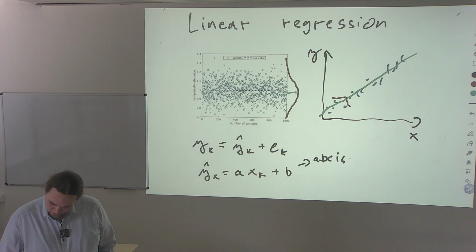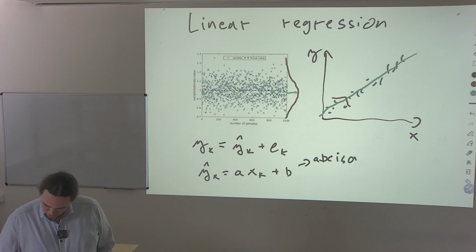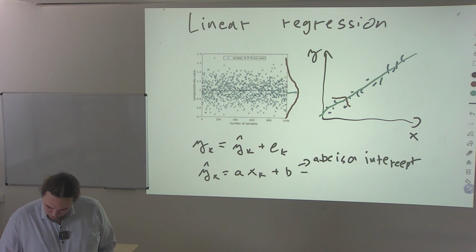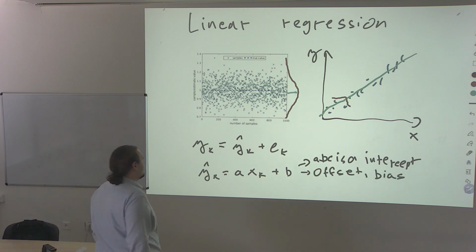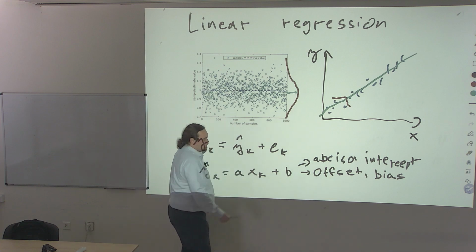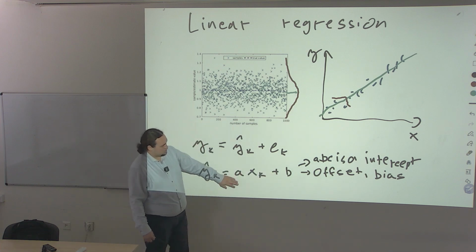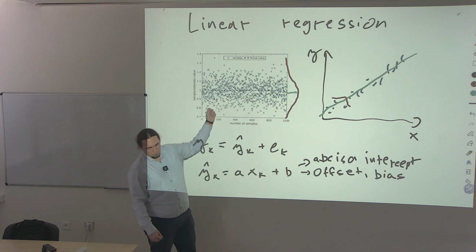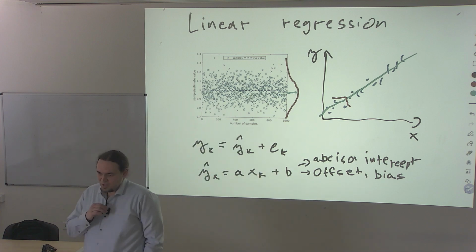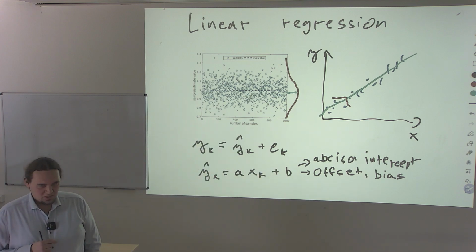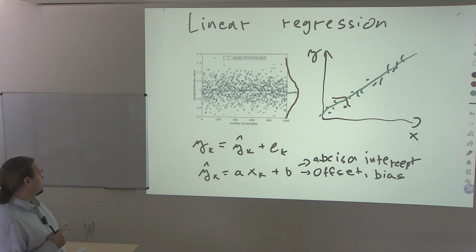Those are the names for this b, which is actually, well, if our slope is 0, then this would boil down to the estimation of the constant that we saw last time.